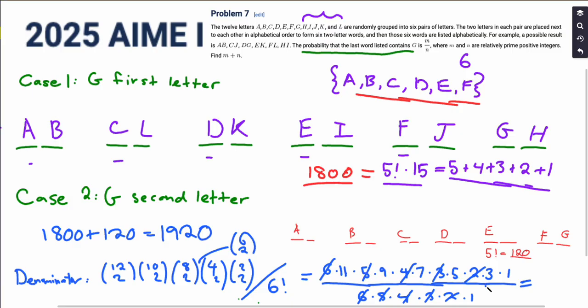We have 3 times 5 is 15, times 7 is 105, times 9 is going to be 945, and then 945 times 11, same thing as 945 times 10 plus 945.